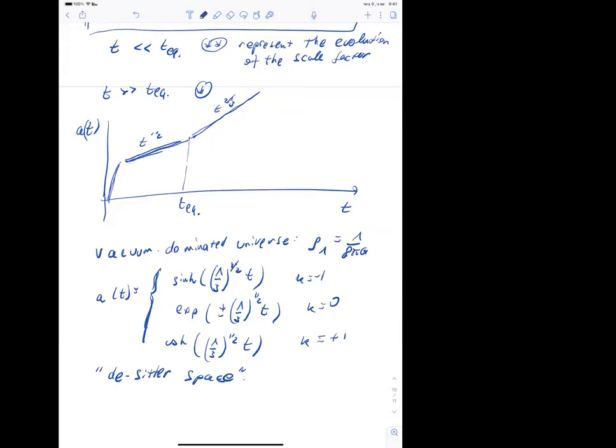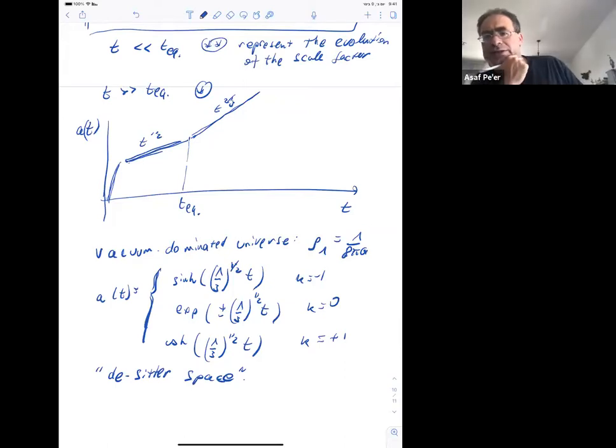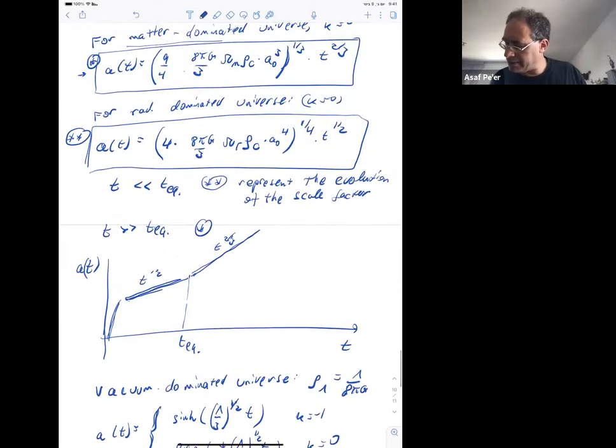So we said that today the universe is 30% dominated by matter and 70% by vacuum. So we're pretty much at the edge of changing into the exponential expansion. Wouldn't the universe be dominated by vacuum in the future?